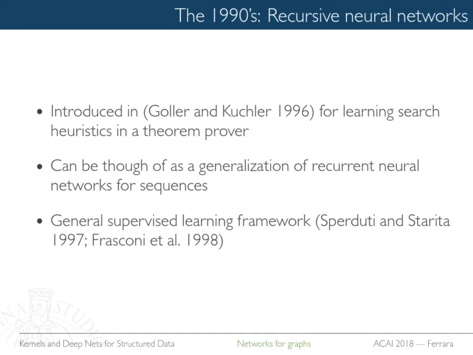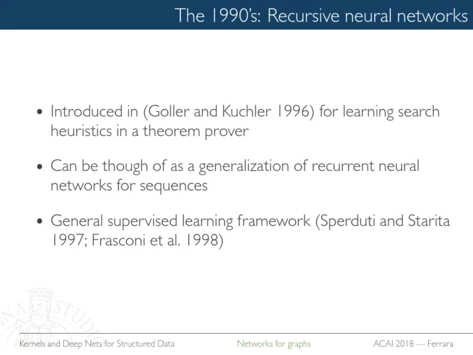And, like in every search algorithm, you need heuristics to accelerate the search, to find a goal quickly. And since in some problems you have no idea what a good heuristic is, they wanted to learn the heuristic starting from examples of successfully proved theorems. Well, they invented this recursive neural network for this purpose, okay?